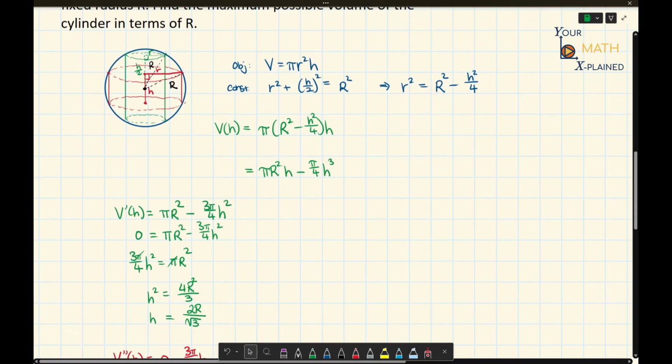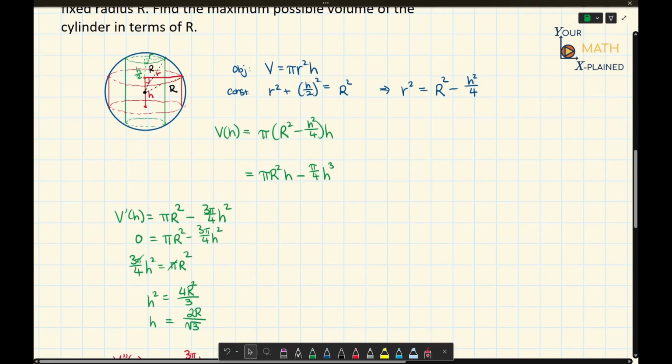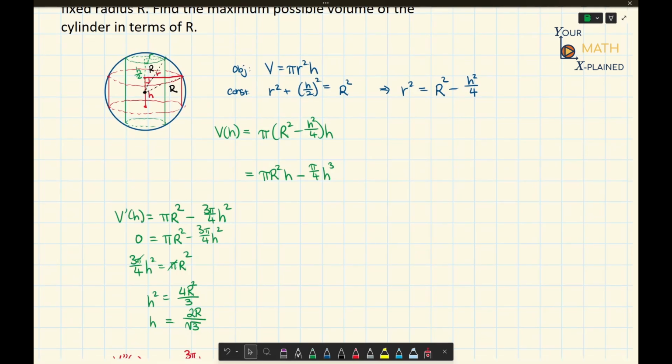So now finally, to answer the question, it was asking us for the maximum possible volume of the cylinder. Which means we need to now substitute this h value back into our volume equation. Before we do that, we need to find what r squared is. So first thing we're going to do is take this value for h and substitute it in here to find r squared.